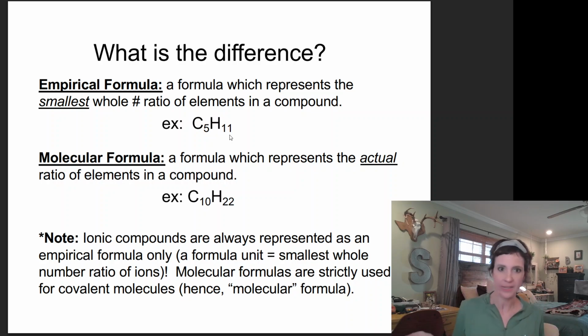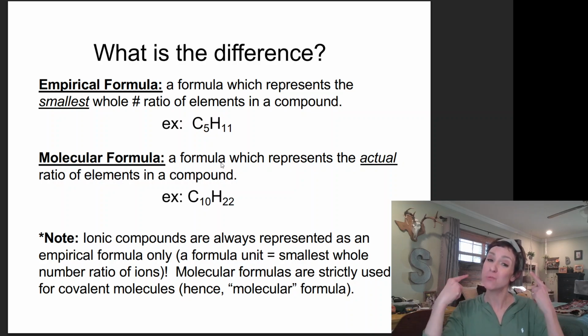Well, how is that different than a molecular formula? Let's see. A molecular formula is a formula which represents the actual ratio of elements in a compound. So the example for this one would be C10H22. So I want to look at these two things compared to each other. So a molecular formula, you notice it says an actual, okay? What I mean by that is that if I am looking and studying a compound and that is its formula, it is C10H22.